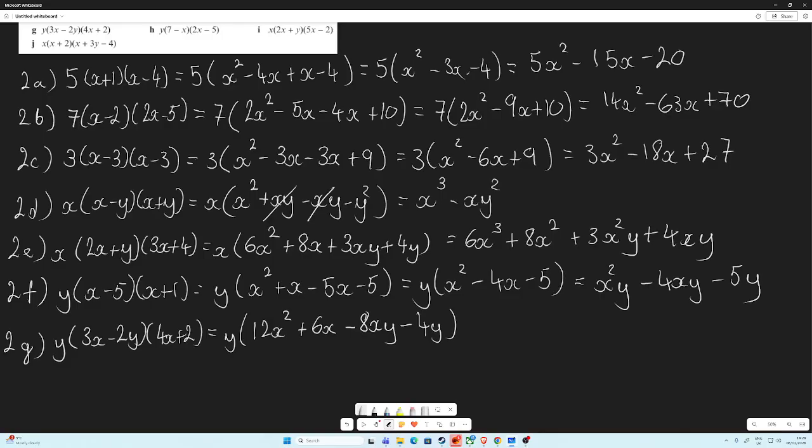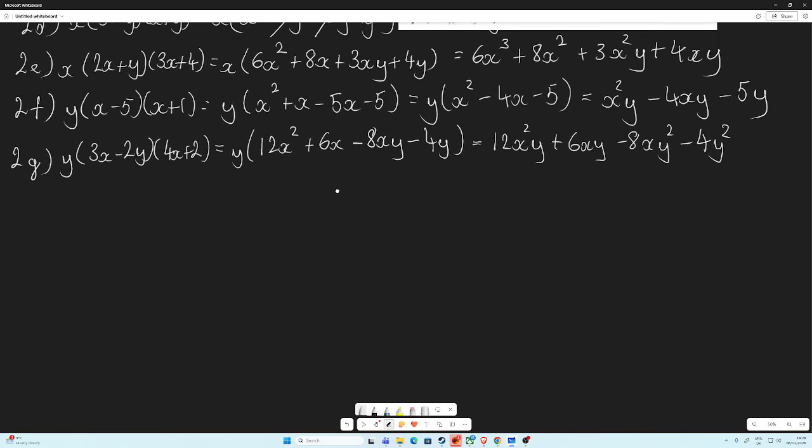Okay, again, no common factors, so just 12x squared y plus 6xy minus 8xy squared minus 4y squared. Let's carry on.